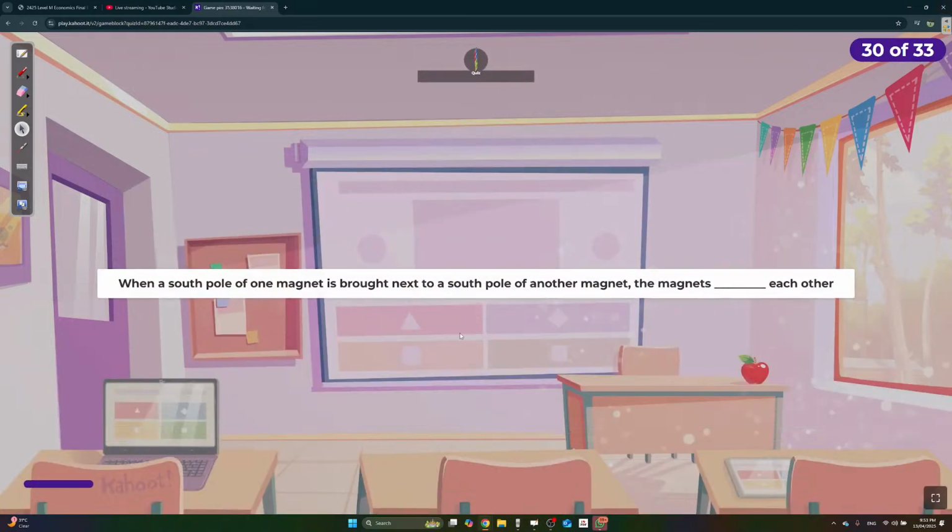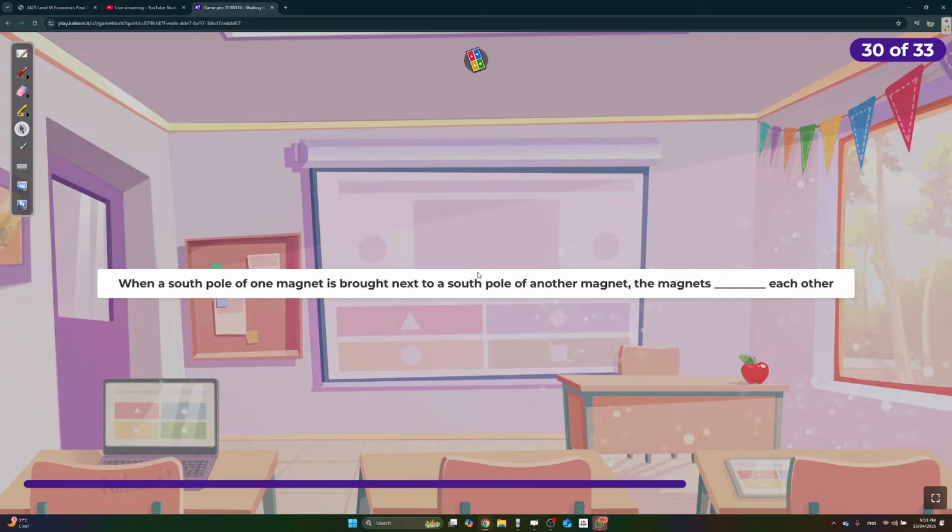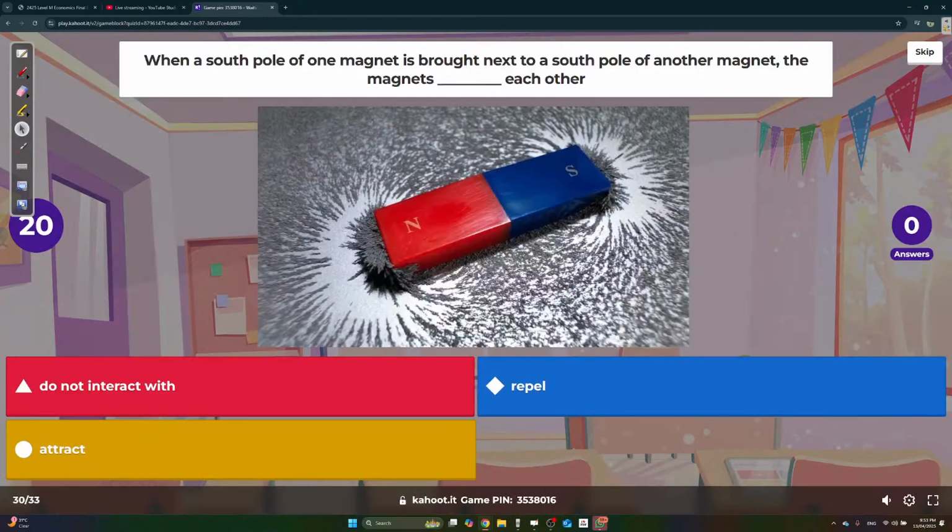Okay, next. When a south pole is brought next to a south pole, what happens? Okay, I think everybody should get this.